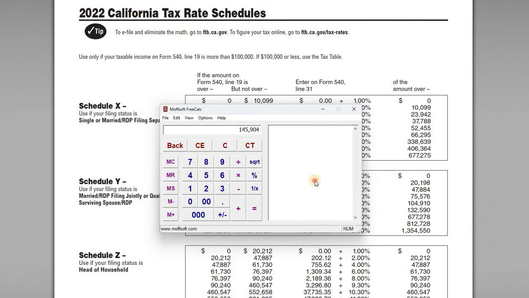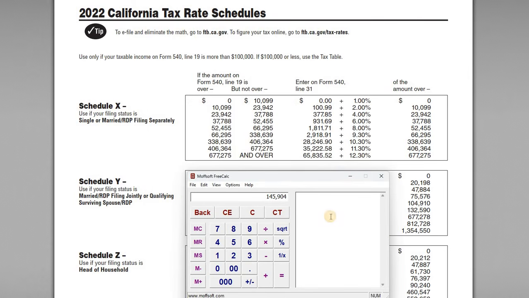So if we want to see how that math works, 145,904, the excess over 66,295, so 79,609, times 0.093, right? So 9.3%. Gives us the $7,403 amount, and then we add the fixed amount here, 2,918.91.